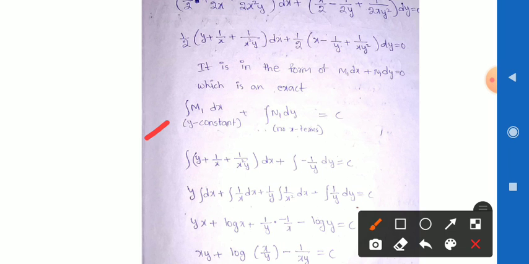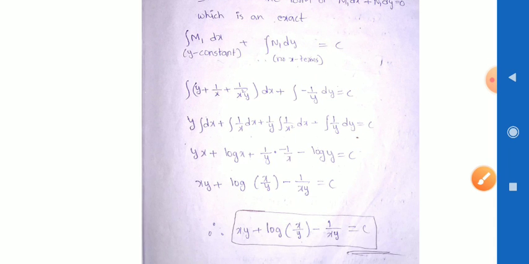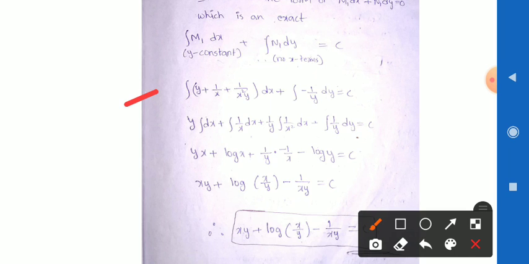Now writing the integration, integration of (y plus 1 by x plus 1 by x square y) dx plus integration of minus 1 by y dy is equal to c. Taking y as a constant, we get y into integration of dx plus integration of 1 by x dx plus 1 by y into integration of 1 by x square dx minus integration of 1 by y dy is equal to c.